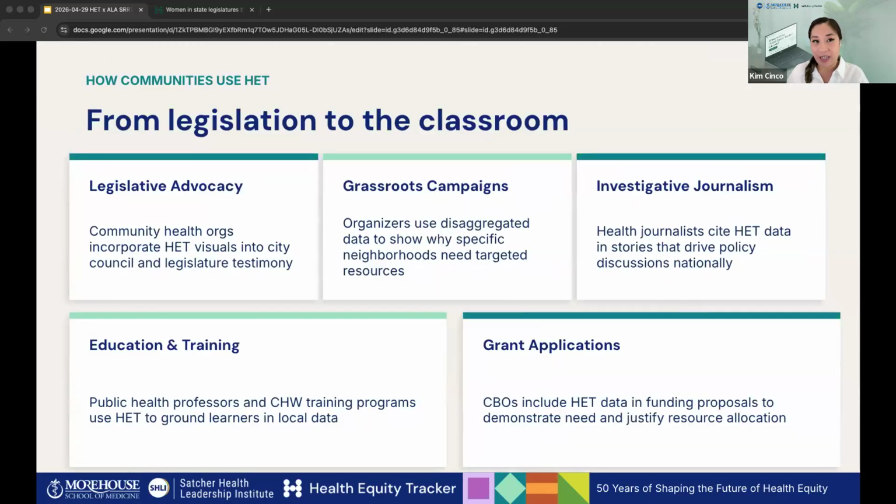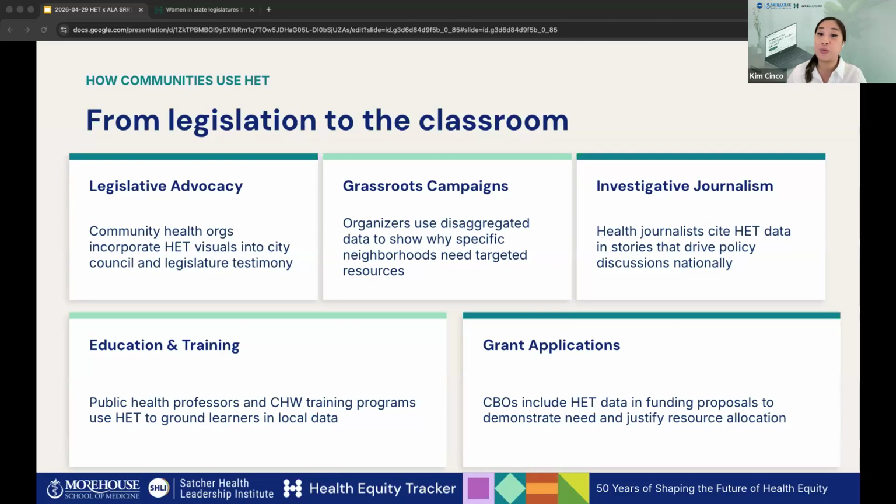So let me get specific about what data in community hands actually looks like. Community health organizations are incorporating HET visualizations into city council and state legislature presentations when they're advocating for maternal health funding. They're not just saying, we have a problem.